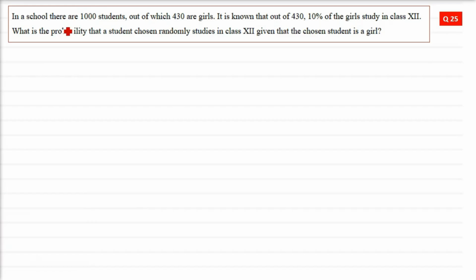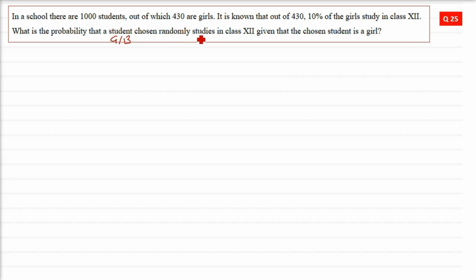In a school, there are 1000 students, out of which 430 are girls. If it is known that 10% of the 430 girls study in class 12th, what is the probability that a student chosen randomly studies in class 12? The random student can be a girl or a boy.